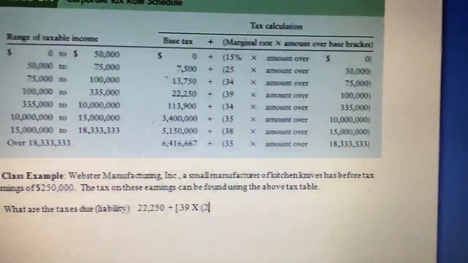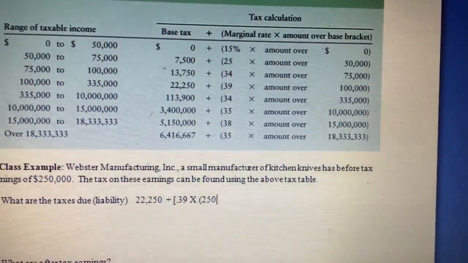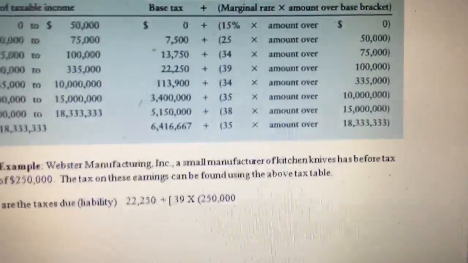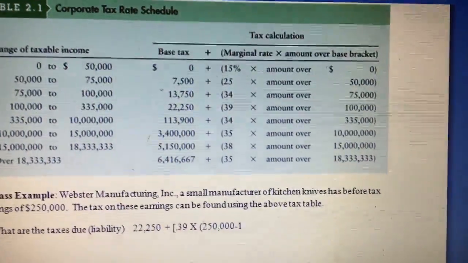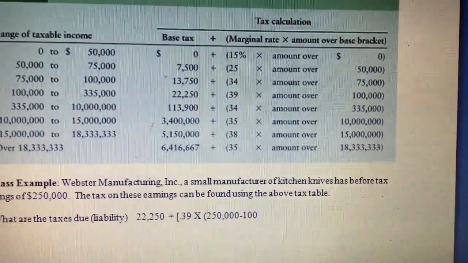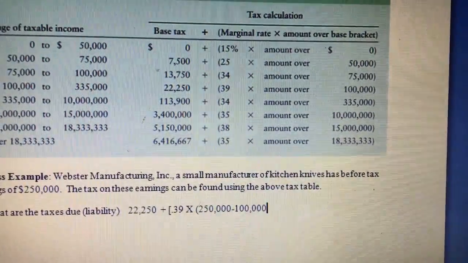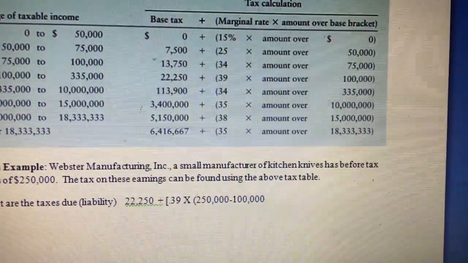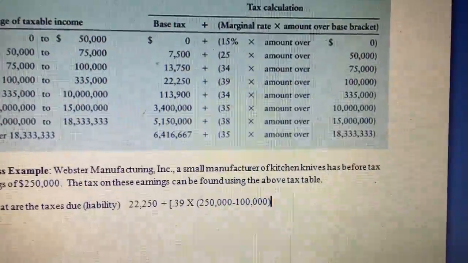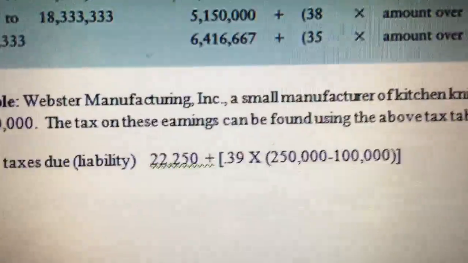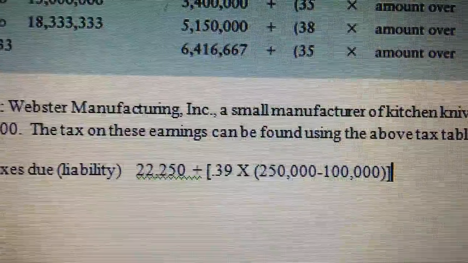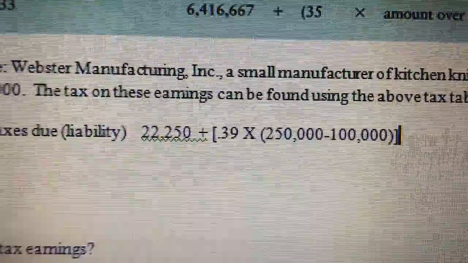So take your 250,000 total income. You want to subtract out 100,000. And we're going to multiply that difference times 39% and add it to the 22,250.